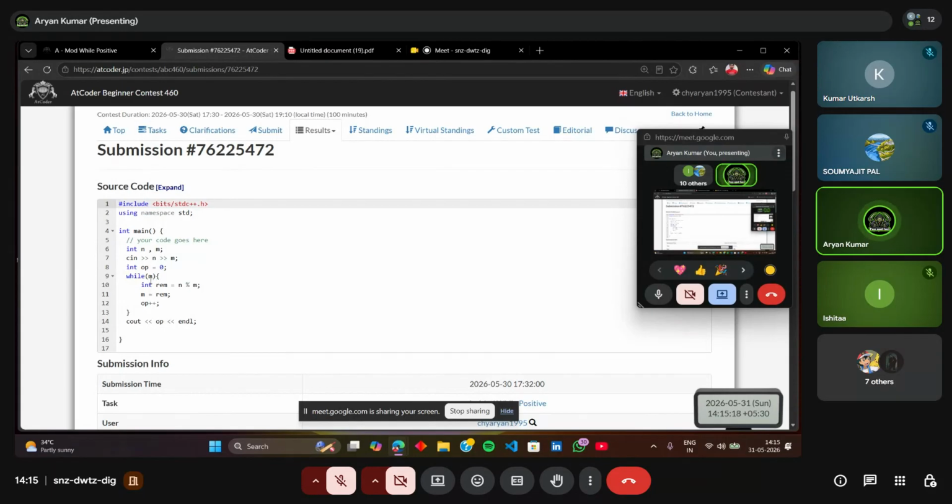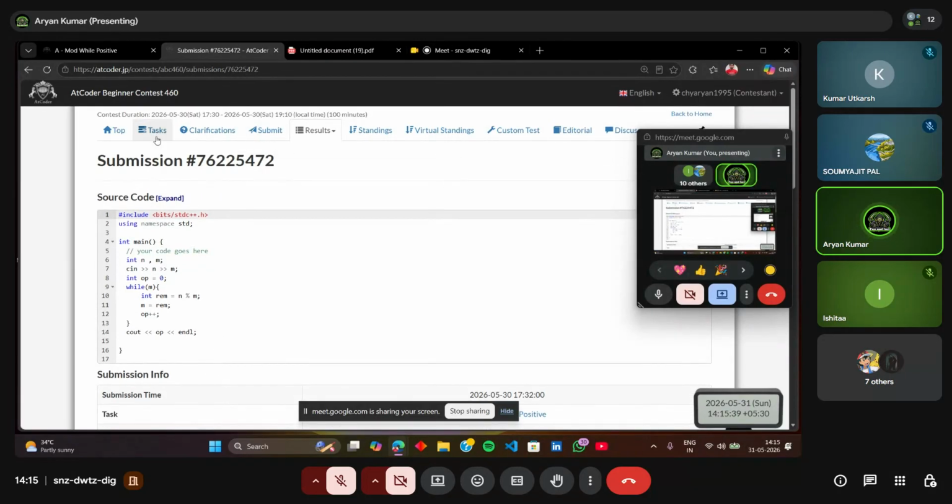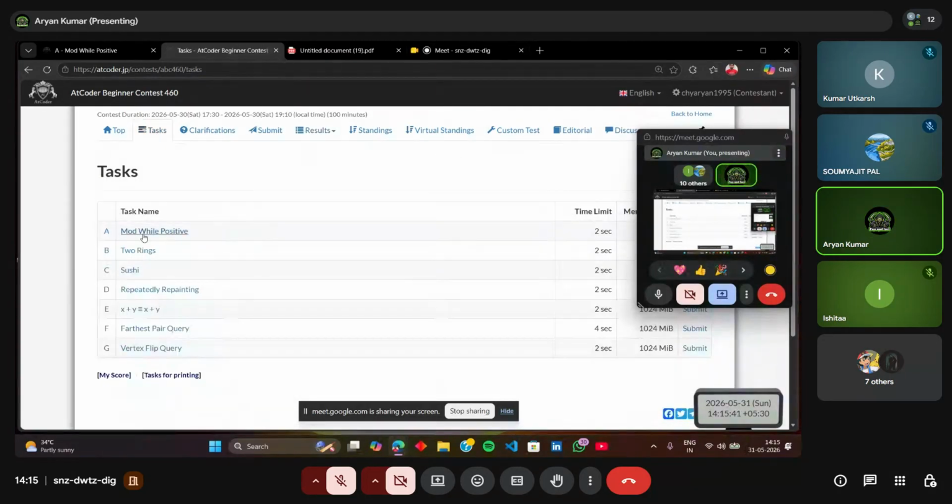Inside, we find the remainder when dividing n by m, and replace m with that remainder. Every time we do this, we increase the value of the variable operation. When m becomes 0, the loop terminates, and finally we print the value of operation. In this way, we can solve the first question. I think it should be clear to all of you.